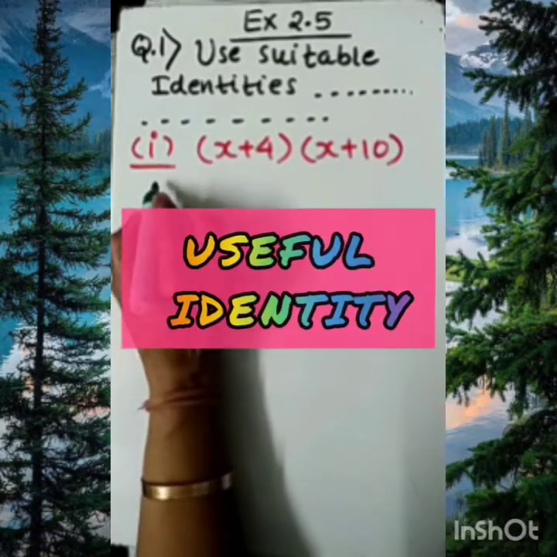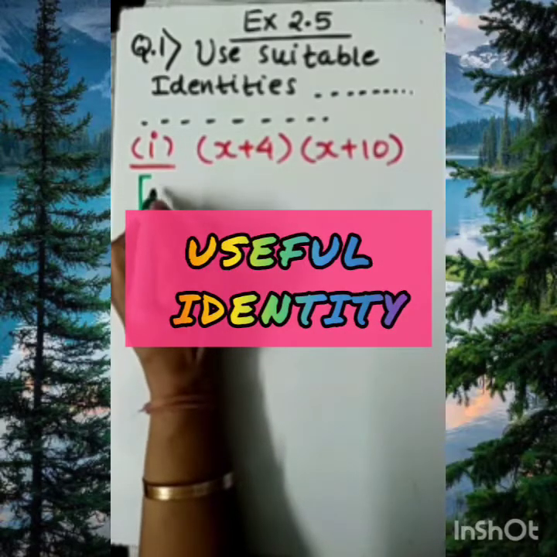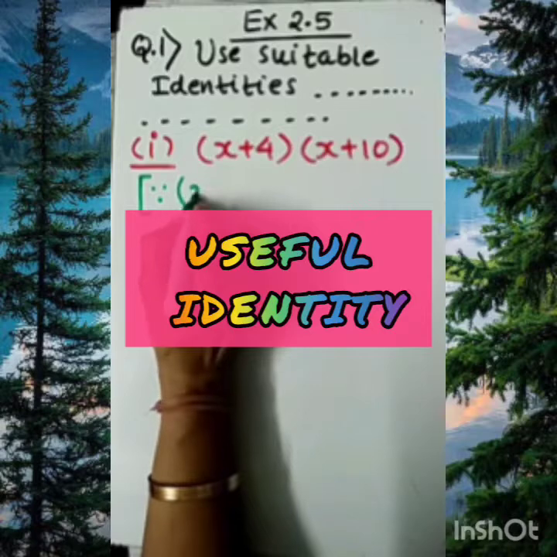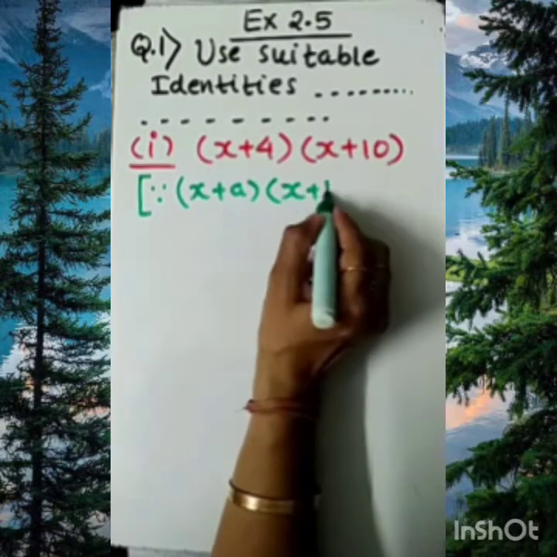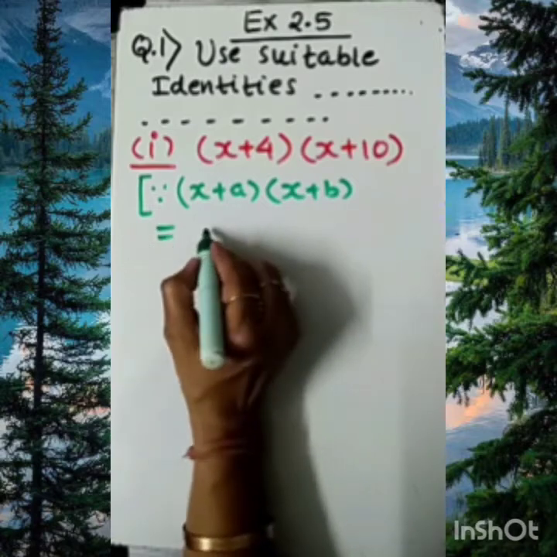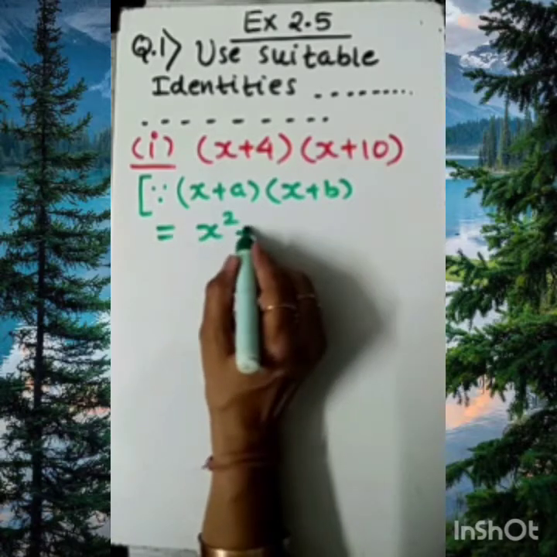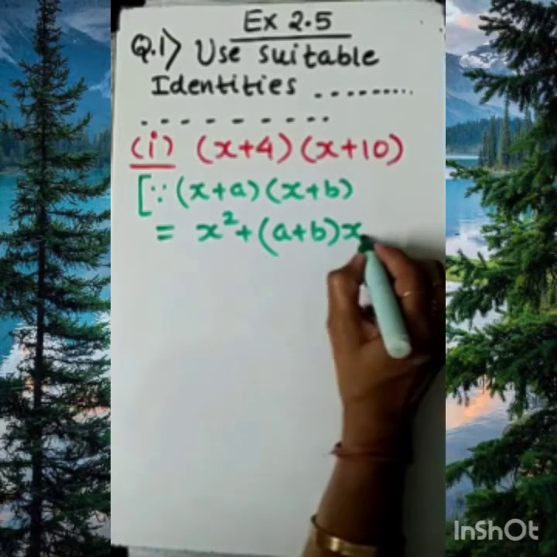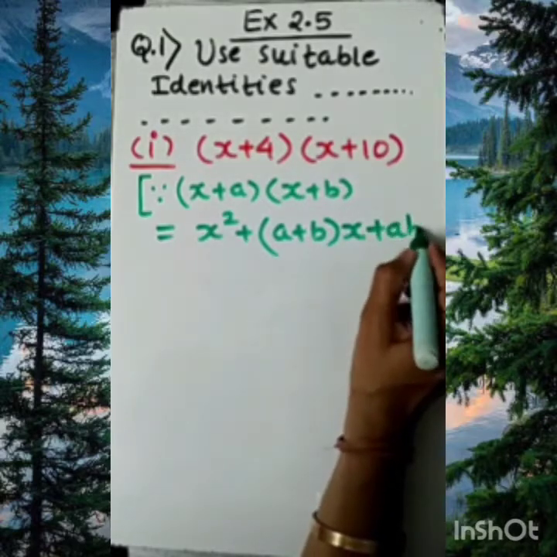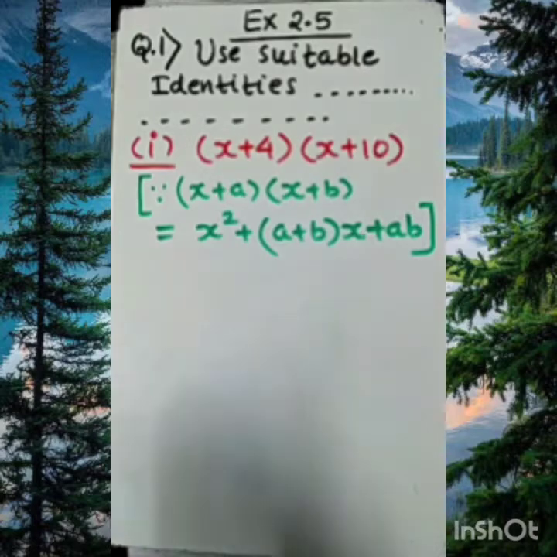The identity is (x plus a)(x plus b) equal to x square plus (a plus b) x plus ab. So this is the identity.